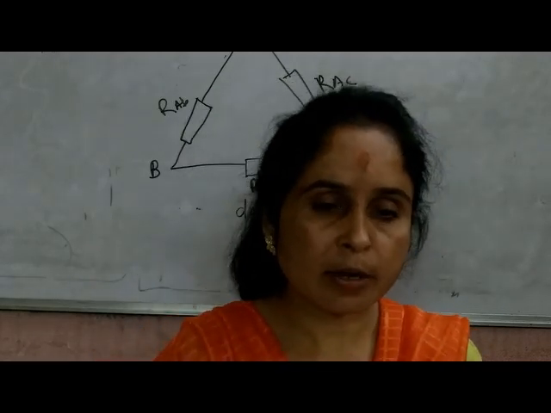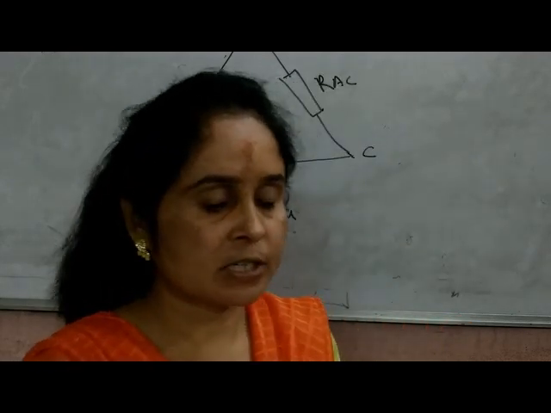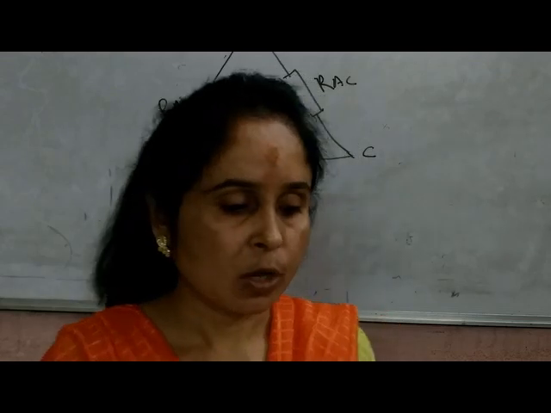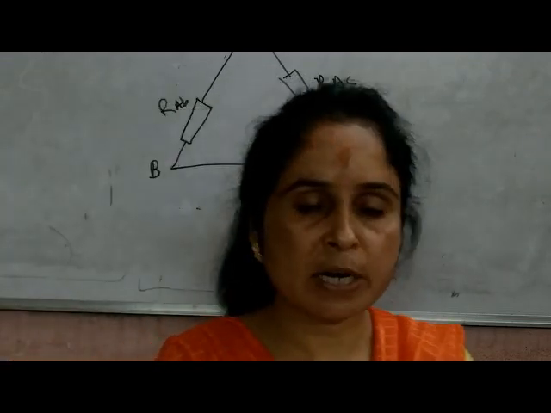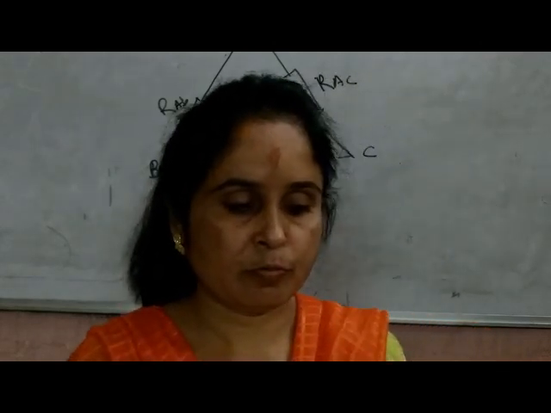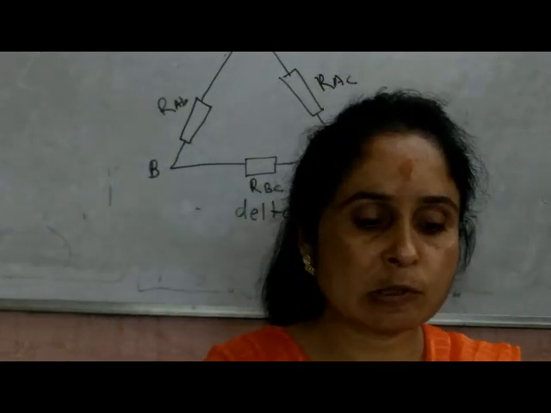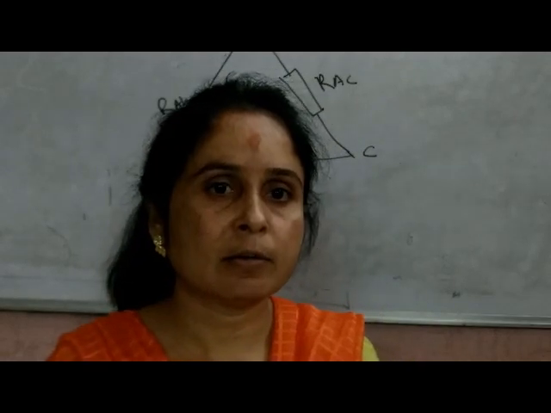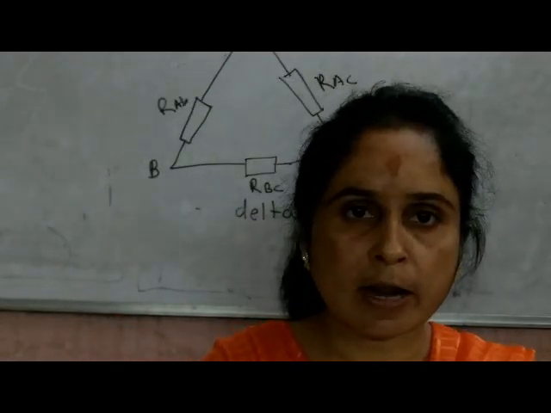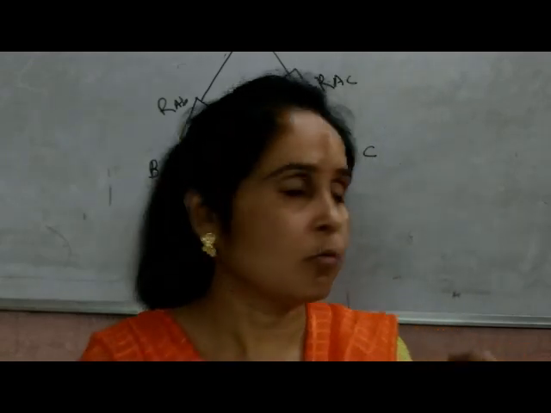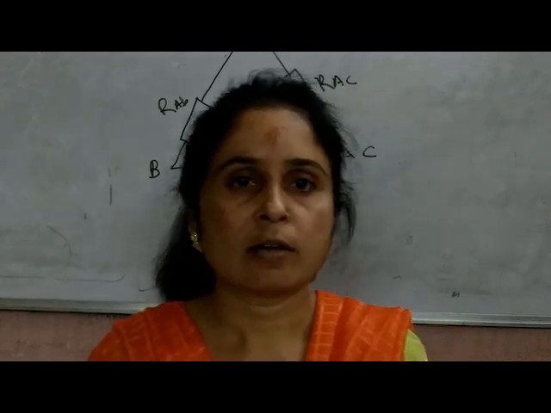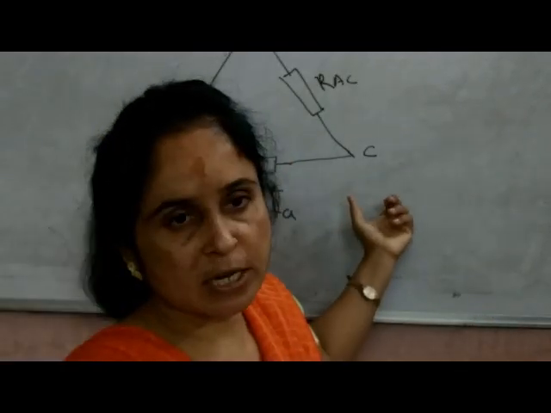The speed of current flow from one side to another in a delta connection is very high.